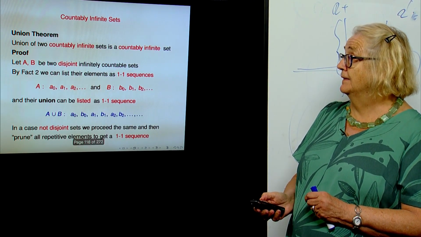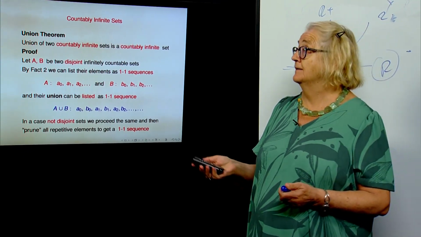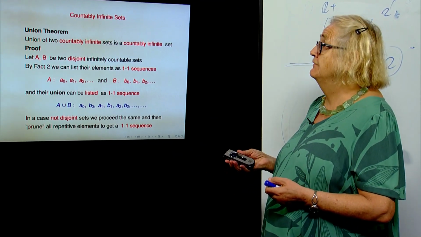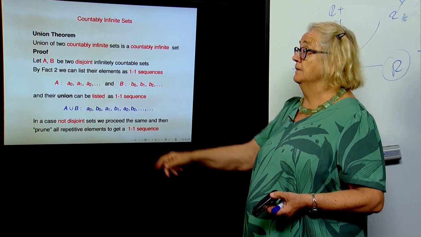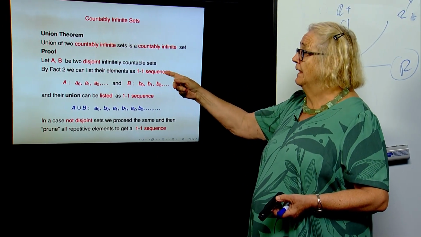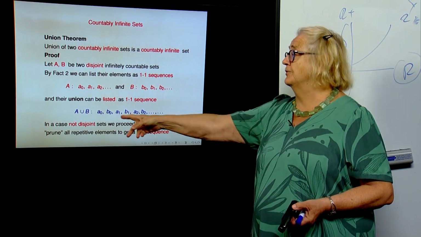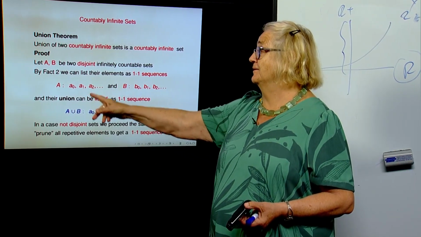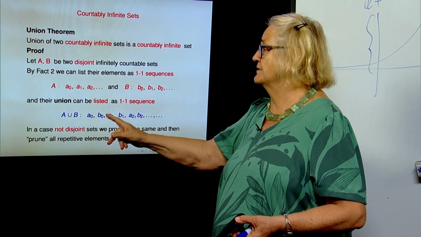So now let's look at countable sets. The union of two countably infinite sets is countably infinite. Countably infinite, you can put in sequence. You have a 1-1 sequence, and the union can be listed first from this, first from this.